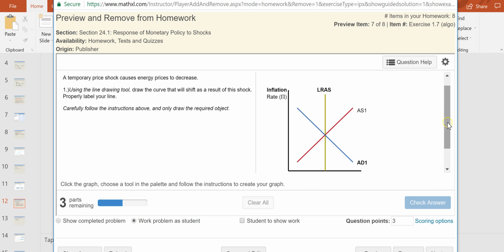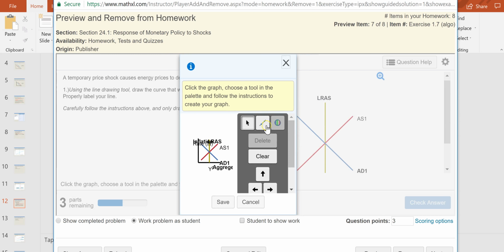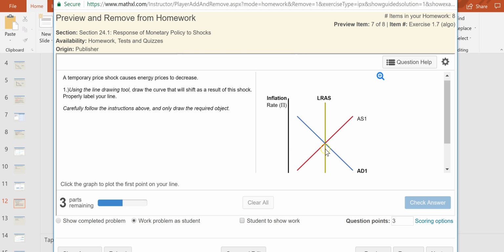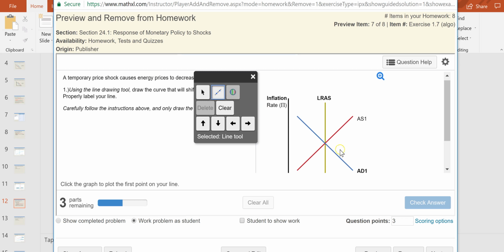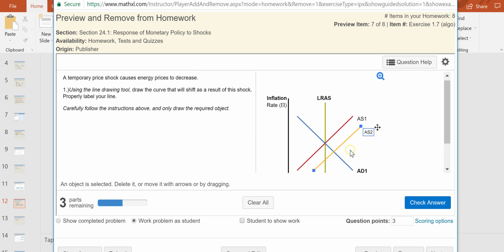So then we can use that. So shift down and to the right. This is my new AS curve, because this is AS1, so this has to be AS2. And then you can see that this is the original equilibrium with the inflation and output.